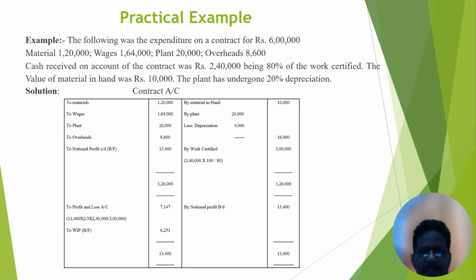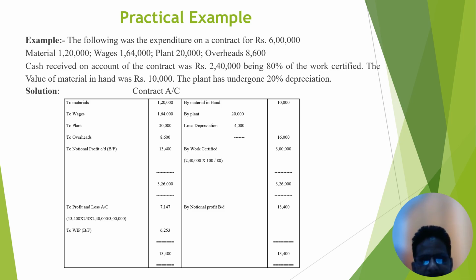Through this information, we can calculate profit for this contract by preparing the contract account. Now under this, on the debit side we mention to material, to wages, to plant and to overhead expenses. According to this example, we have four items: material, wages, plant and overhead. These four items we mention on the debit side.